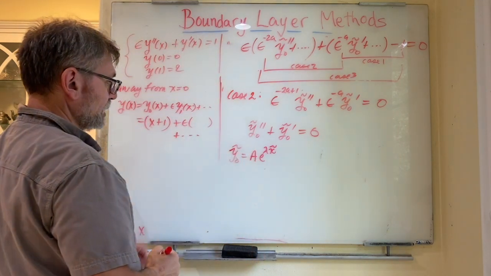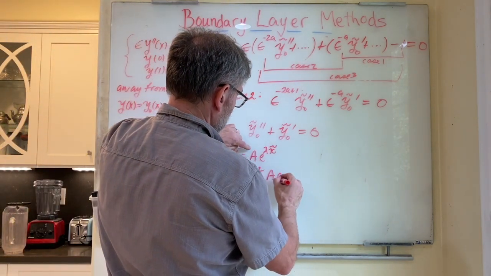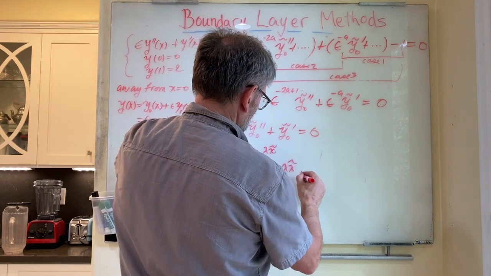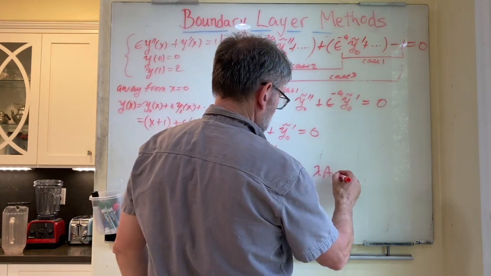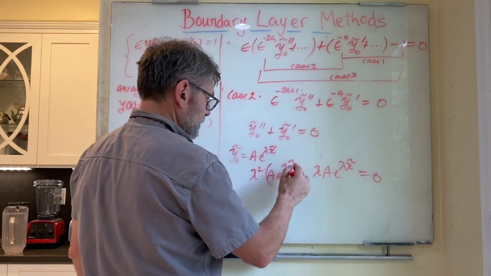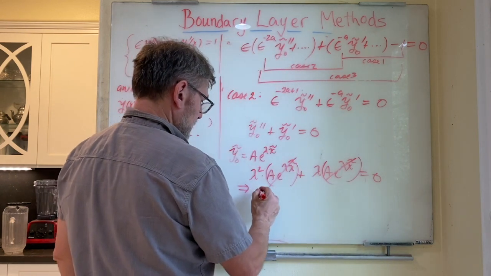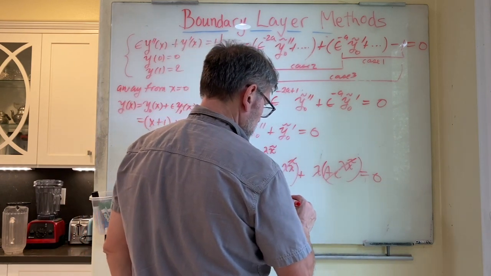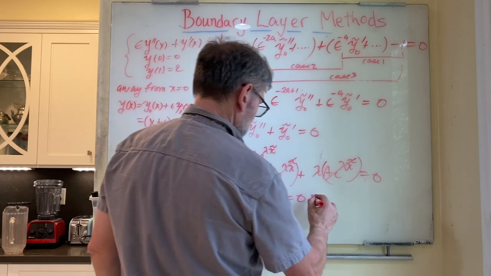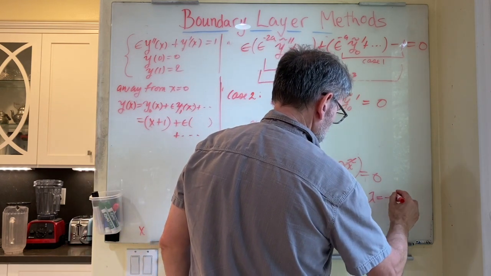We substitute into the equation, we get lambda squared times a times e to the lambda x tilde plus lambda times a e to the lambda x tilde equals 0. These terms cancel. And so we're left with lambda squared plus lambda is equal to 0, which implies that either lambda equals 0 or lambda is equal to minus 1.